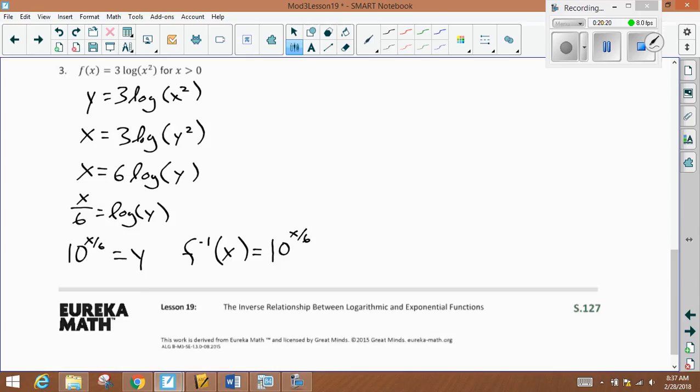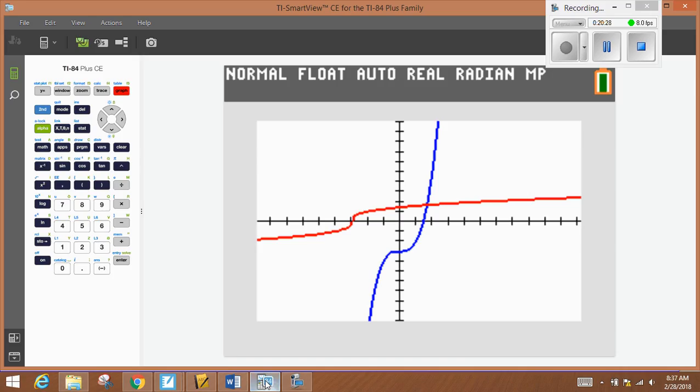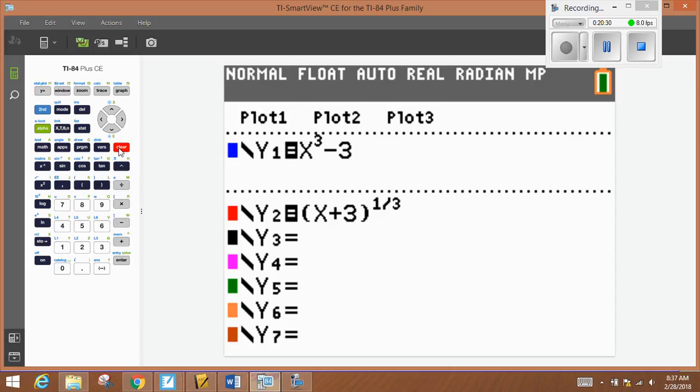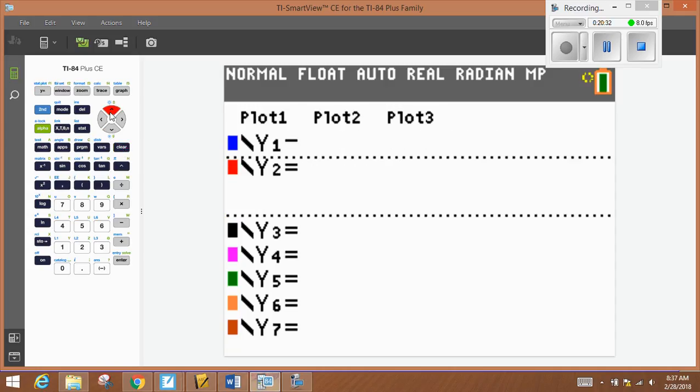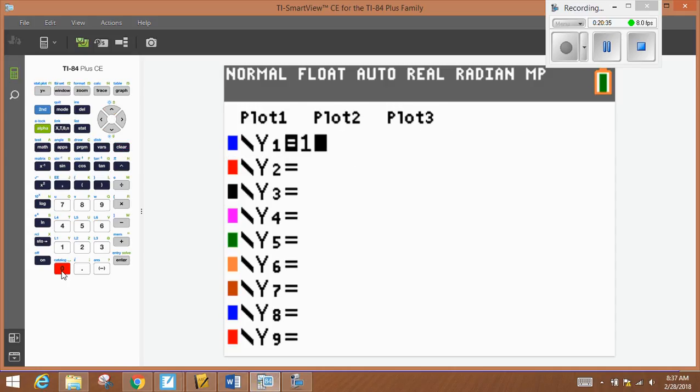And let's graph both of these. It's going to be pretty. Or gnarly. I don't know if it's going to be gnarly. I don't think that things that are gnarly are necessarily pretty. Oops.